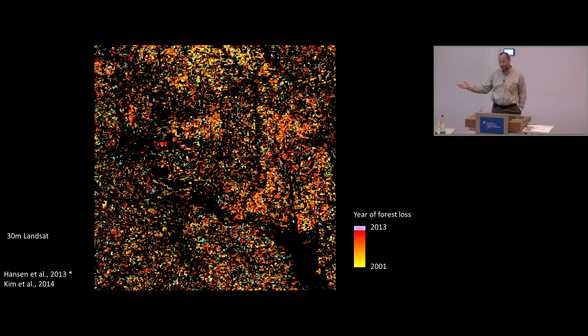You'll never see this change at 8 kilometers because half the pixels are always turning over in a 10, 15-year period. And I remember because we were in Maryland, DC, the big NGOs, WWF, whatever, they'd come out and see us, and we were mapping these big pixels. They'd be like, I'm not interested. You know, it's just too blurry. It's not working at the landscape scale. Well, this is.